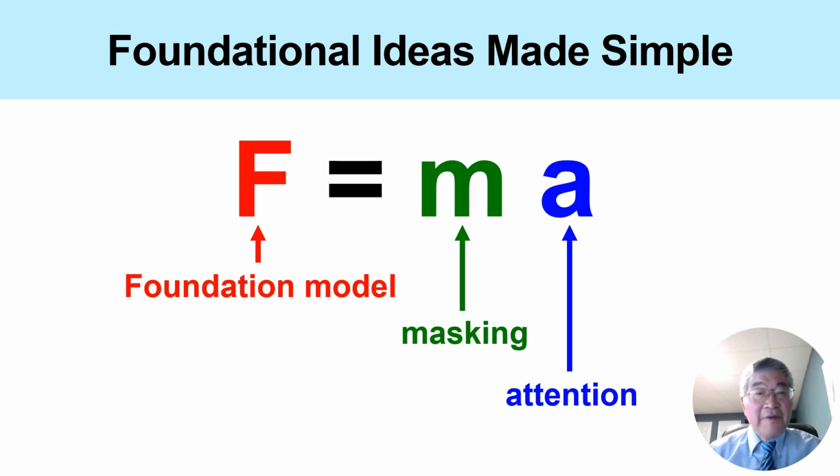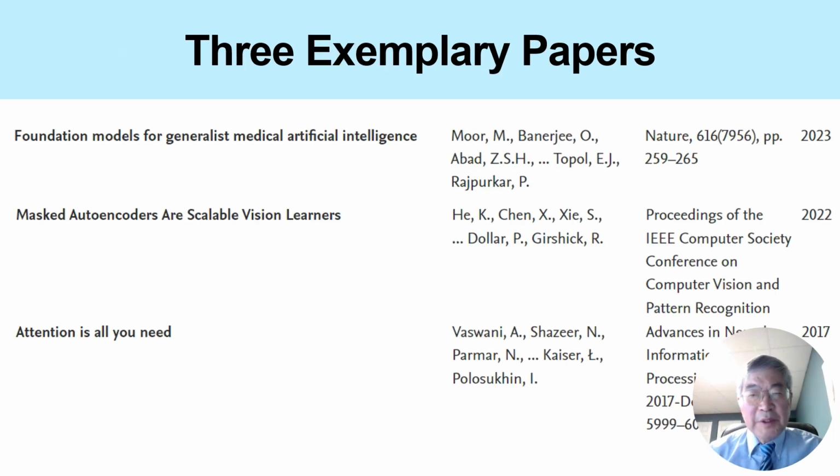So we say foundation model F equals MA. M means masking, such as the masked autoencoder. Next is token prediction, which is very, very powerful. And A represents the attention mechanism. Together we have transformers as a backbone, and we can build foundation models. F equals MA is easy to remember.